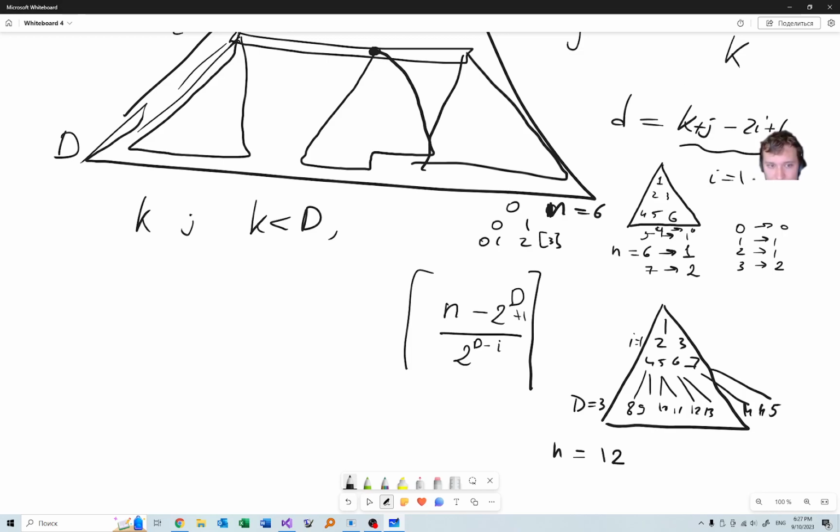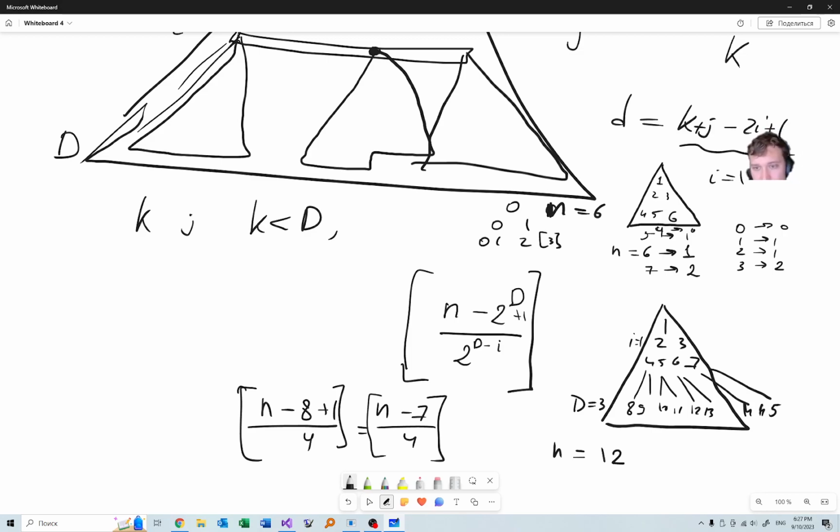We have n minus 8 plus 1 over 4, and I need to go down, of course. So n minus 7 over 4. Let's check it. If I have 11, then I subtract 7, it gets 4, then I divide by 4, I get 1. Yes, I think it is okay.